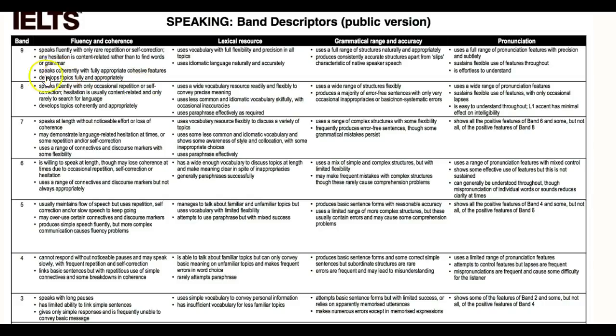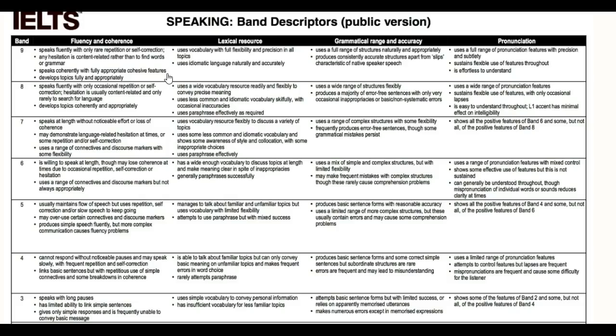All right. Now, the third bullet tells us that a 9 speaks coherently with fully appropriate cohesive features. I know in a previous podcast I talked a lot about cohesion, things that create cohesion. So at a 9, you are able to use them not only in your writing but in your speech as well.